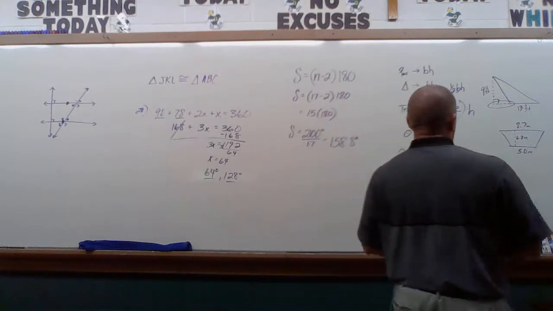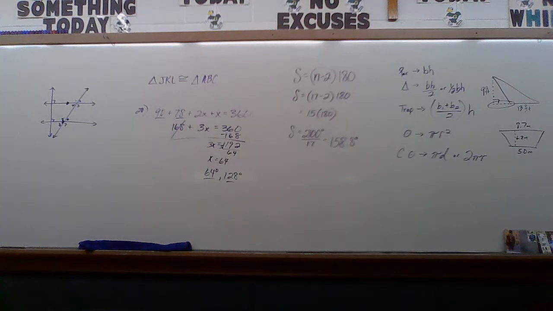So we got a trapezoid, right? What numbers are my bases? 5 plus 8.7. I'm taking my 2 bases, then I'm going to divide by 2 and multiply by 6.2. So if I put parentheses around it, I'm going to take 5 plus 8.7 divided by 2, that answer times 6.2.